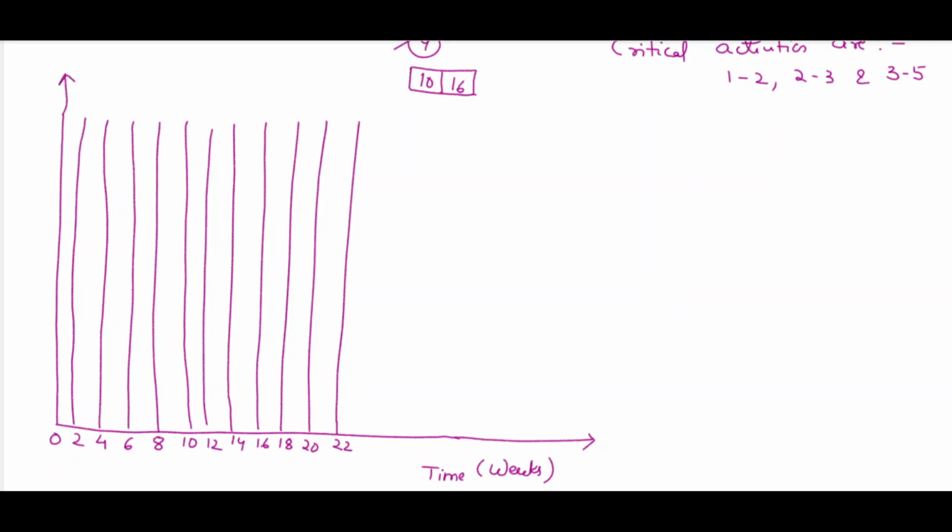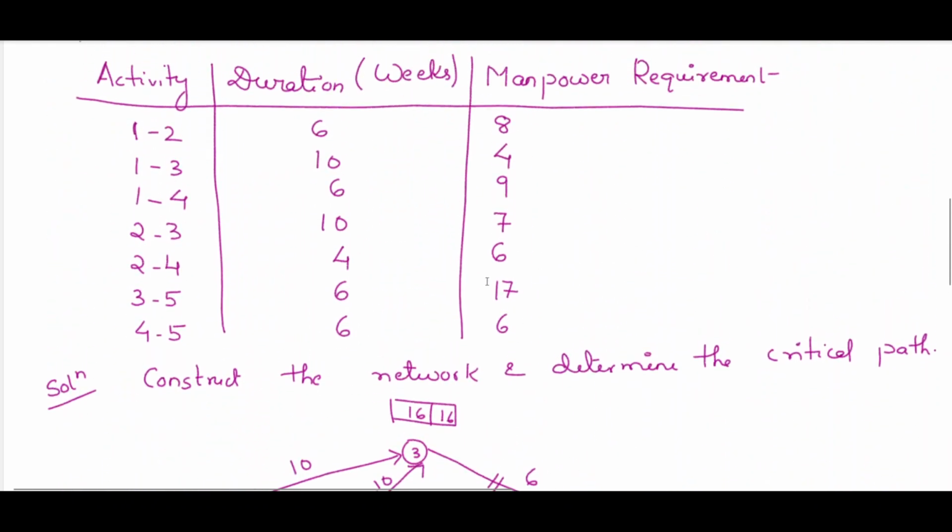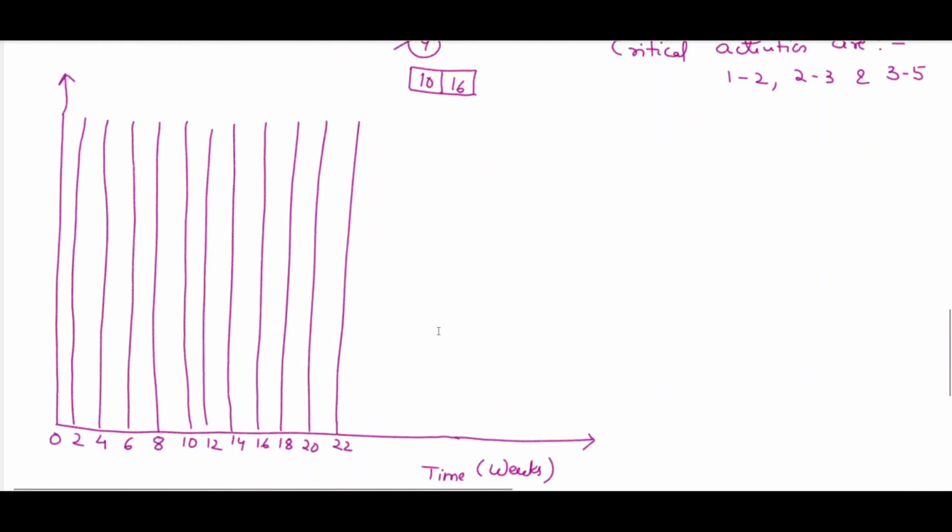Now the critical duration is 22 weeks. Now we will first plot the critical activity 1 2. For activity 1 2 the duration is 6 weeks. So up to 6 weeks we will draw one straight line showing activity 1 2.